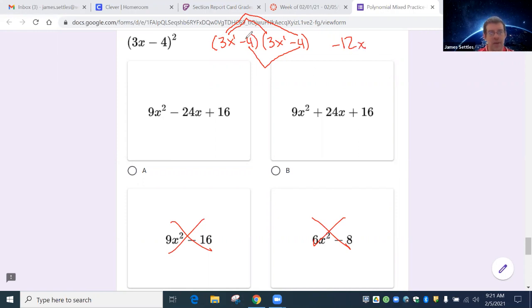And then we need another mountaintop from this one, so we're going to go from here to the inside one. So -4 times 3 would be -12, and then we have another x here. And then we can combine these. Now, when the signs are the same, you add. So these are both negative, so we're going to add and keep the sign. So 12 plus 12 is 24, and we're going to keep that sign.